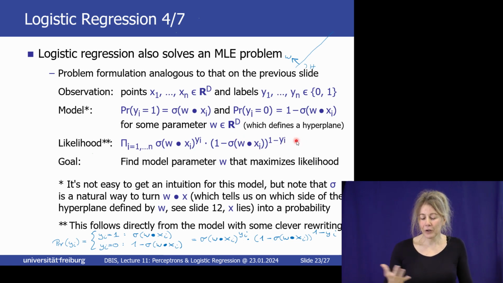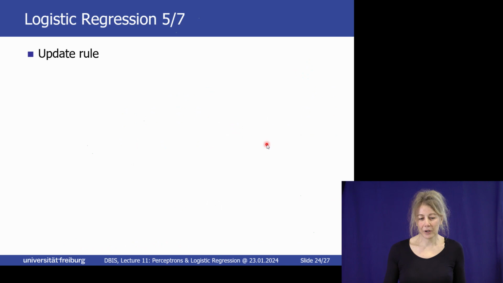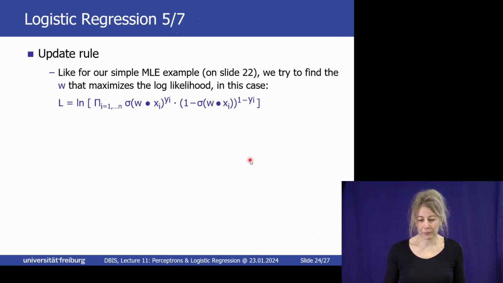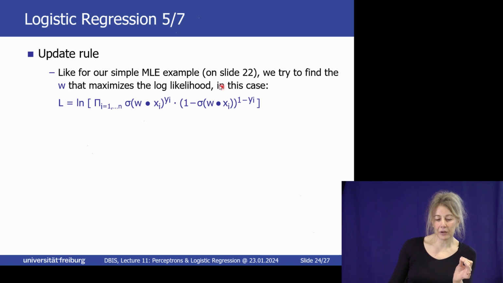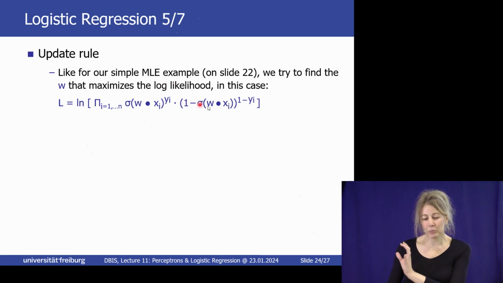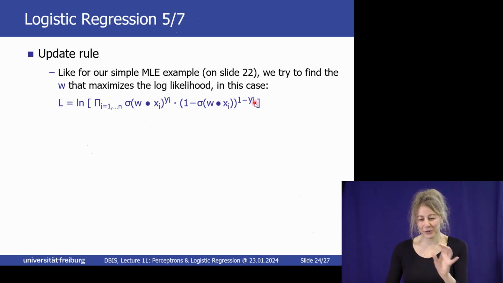So now our task on the next 2 slides will be to try to solve this problem. And again, same trick. We don't take the likelihood because deriving a product of strange things is not nice. Let's just take the logarithm as usual.